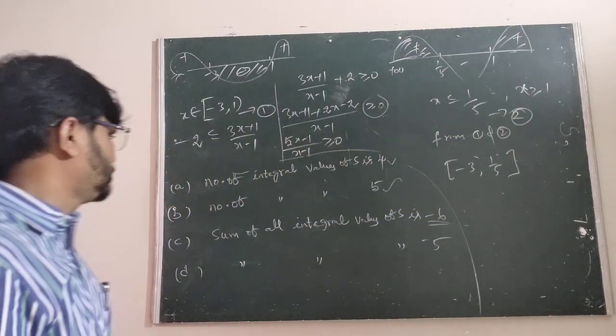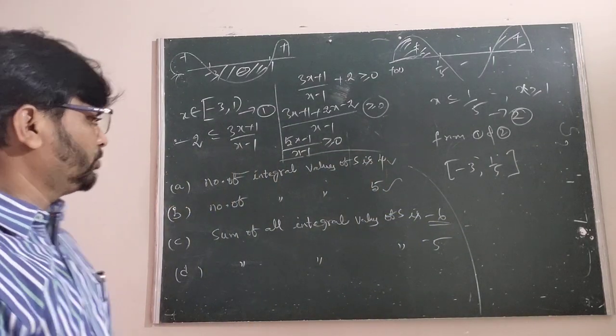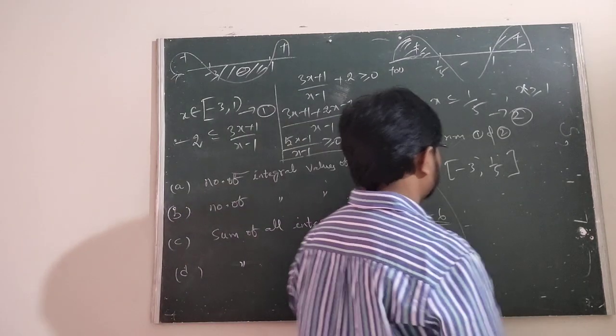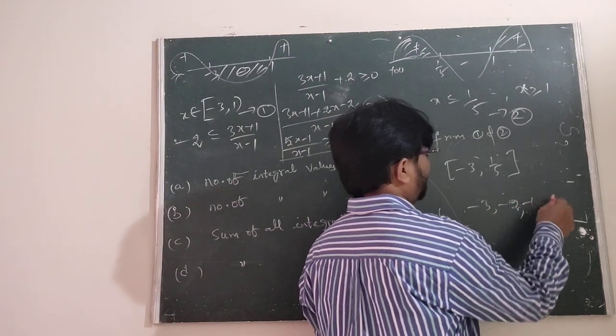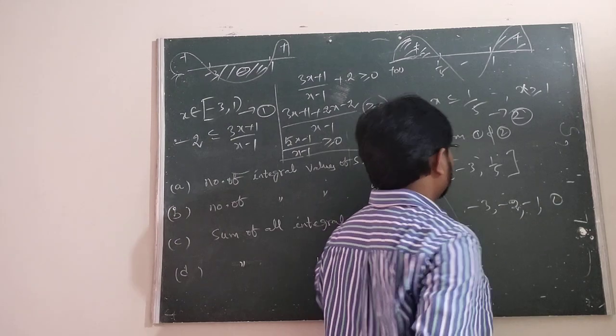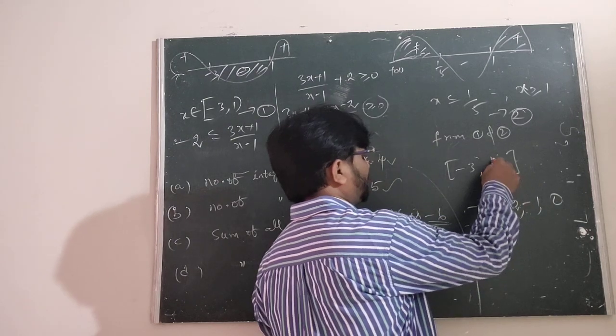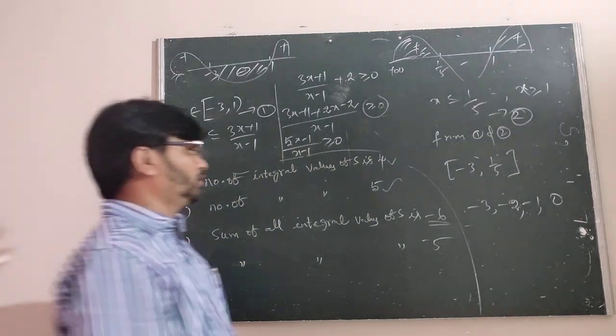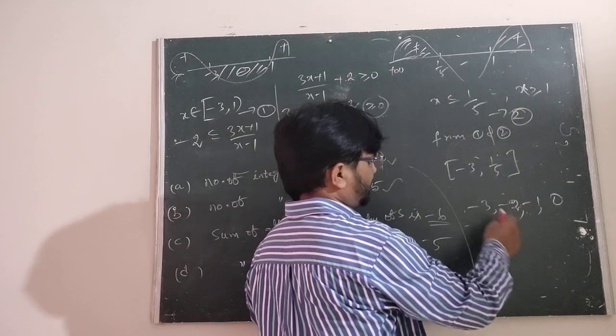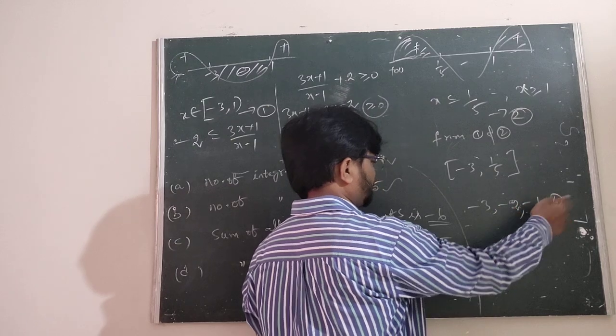1 by 5 means 0.2. Here what we observe is the integer values are minus 3, minus 2, minus 1, 0. Therefore, in between, the number of integers are minus 3, minus 2, minus 1, 0.